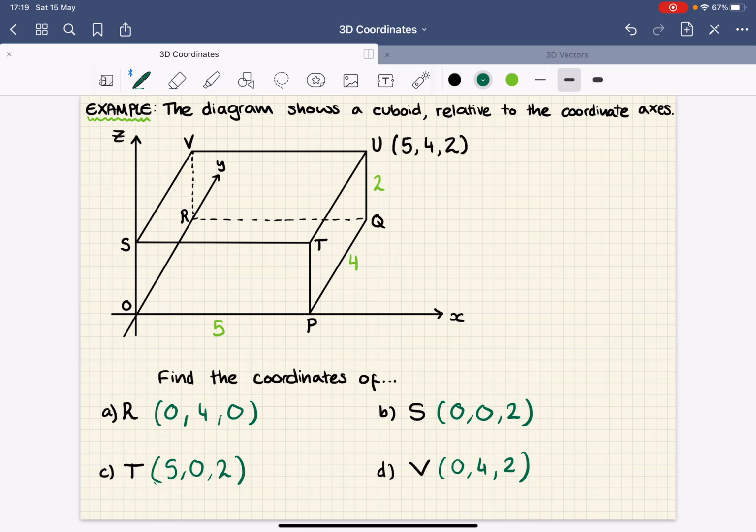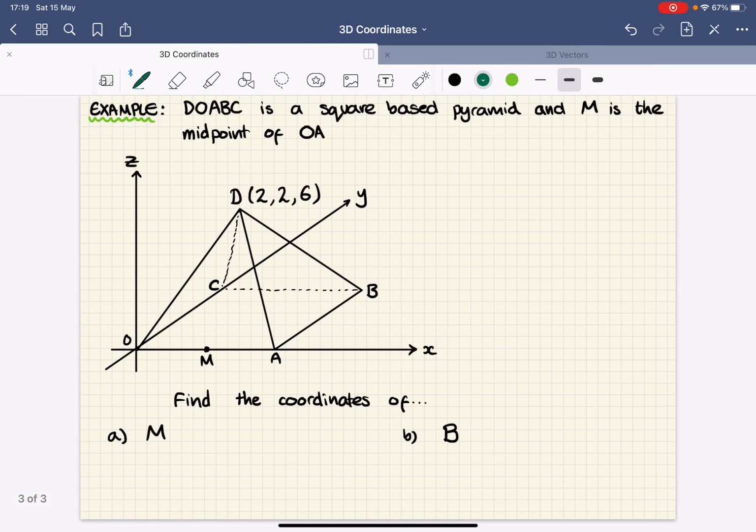So let's take a look at another example. In this example, I've got OABC is a square-based pyramid, and M is the midpoint of OA. And I want to find the coordinates of M and of B. One way that I'm going to tackle this one is I'm going to first think about what the coordinates will be at the base of the pyramid here.